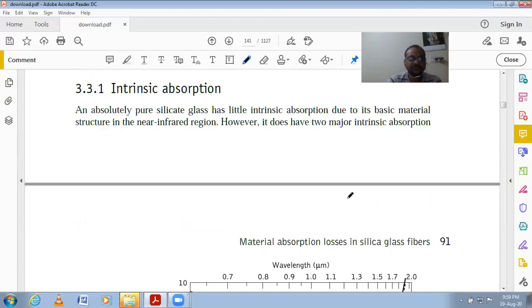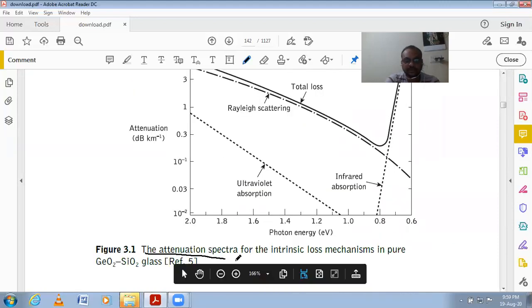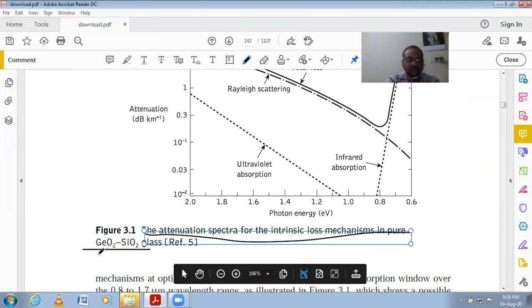First, we talk about intrinsic absorption. An absolutely pure silicate glass has little intrinsic absorption due to its basic material structure in the near infrared region. However, it does have two major intrinsic absorptions. You can see the attenuation spectra for the intrinsic loss mechanism in pure GeO2 SiO2, which is a silicate glass.